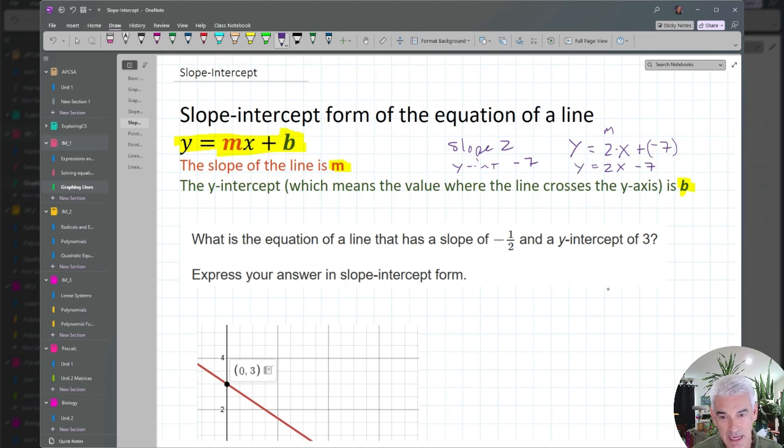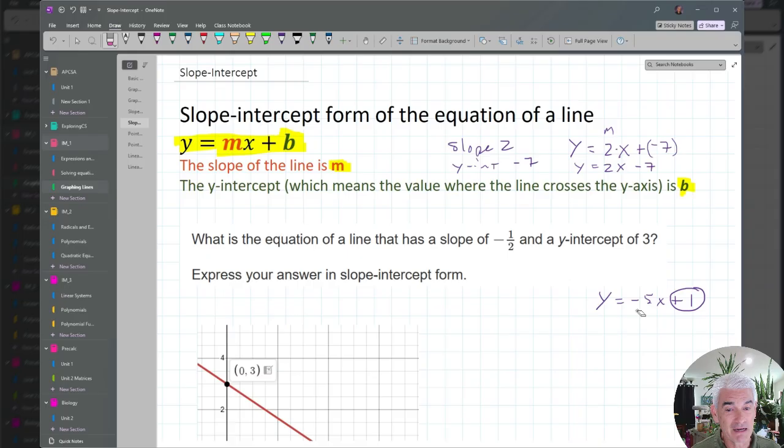If I told you, hey, this is the equation of a line, y equals -5x plus 1, you would know that the slope is -5 and the y-intercept is 1. It's kind of weird to talk about rise over run when you have a whole number here.